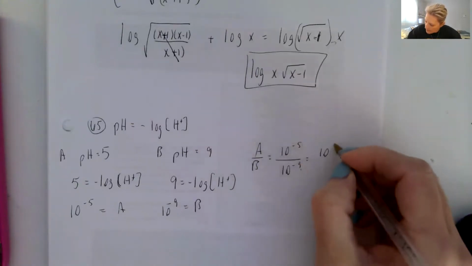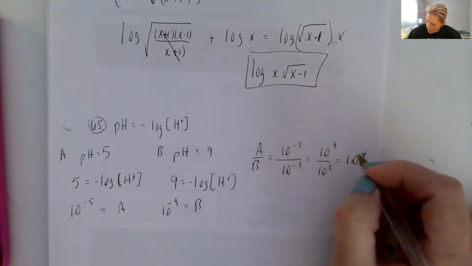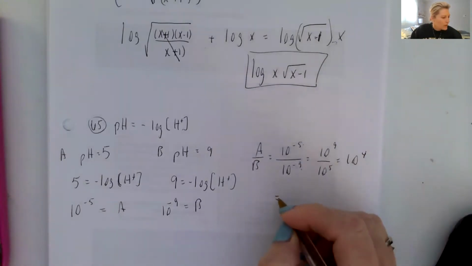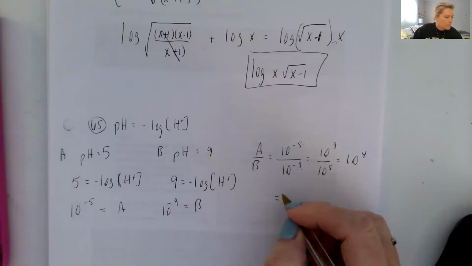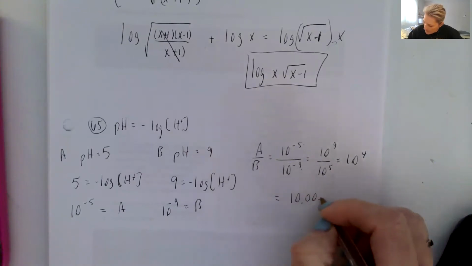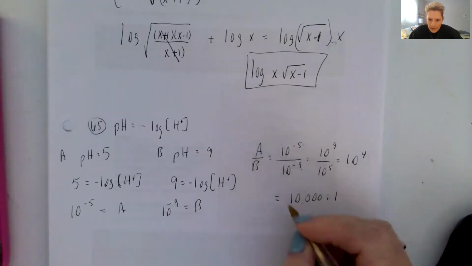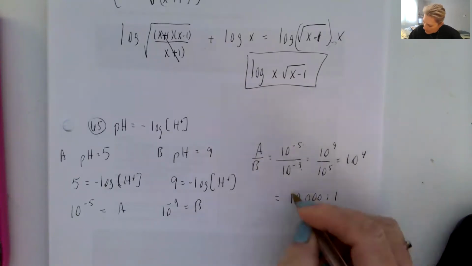So it's really 10 to the 9 over 10 to the 5, which becomes 10 to the 4, which should really be 10,000 to 1 of A to B, because 10 to the 4th is 10,000.